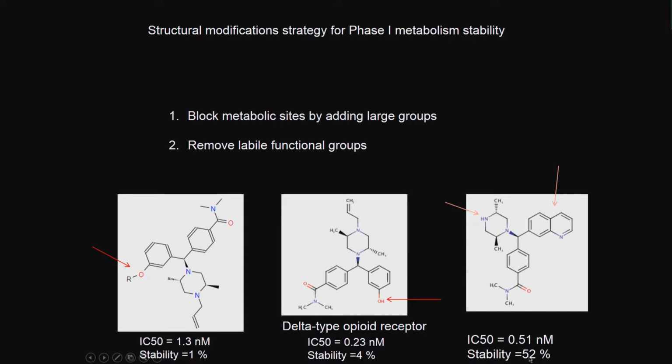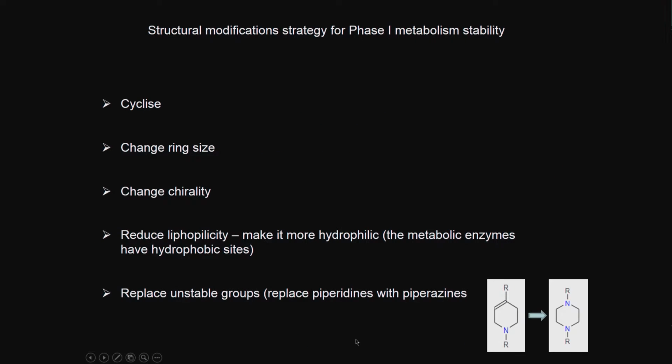So, stability has increased to 52%. On metabolic sites, you add large groups, you also prevent labile groups like this from leaving by having large groups here, and again you can see large groups here. By doing that, the stability against biotransformation has come up quite a lot, because if you remove this and make a smaller group, the stability comes down.